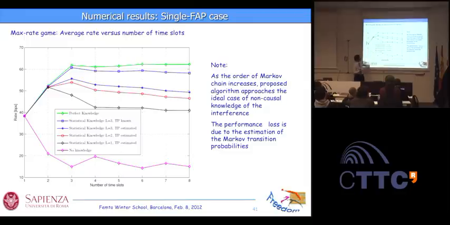And you can also check what is the penalty that you have to pay because of the lack of knowledge of these transition probabilities. Because, for example, the blue curve with the squares on top is with transition probabilities known. The other ones are the case where you estimate sequentially these transition probabilities. So there is an extra penalty due to the estimation errors.